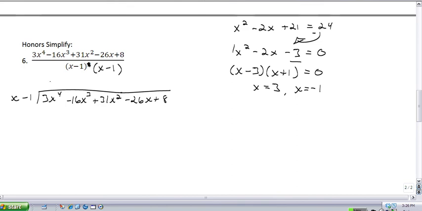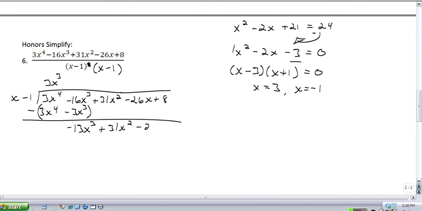So this would be 3x cubed, 3x to the 4th minus 3x cubed, and you're going to subtract. So negative 16 take away negative 3 is negative 13x cubed plus 31x squared minus 26x plus 8. So x, this guy here, into negative 13x cubed would be a minus 13x squared.